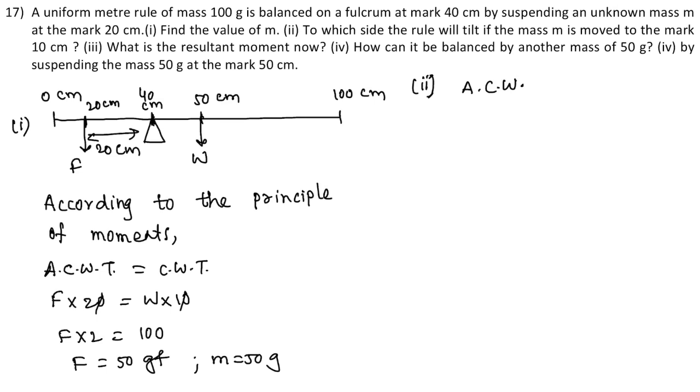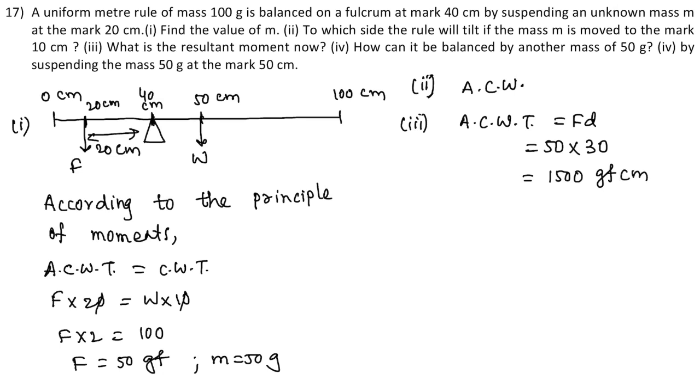Okay, so let us find out new anti-clockwise moment. Anti-clockwise torque is Fd, that is 50 gf into distance will now be 30, right? When we shift that to the 10 centimeter mark, its distance from fulcrum becomes 30. So 1500 gram force centimeter.